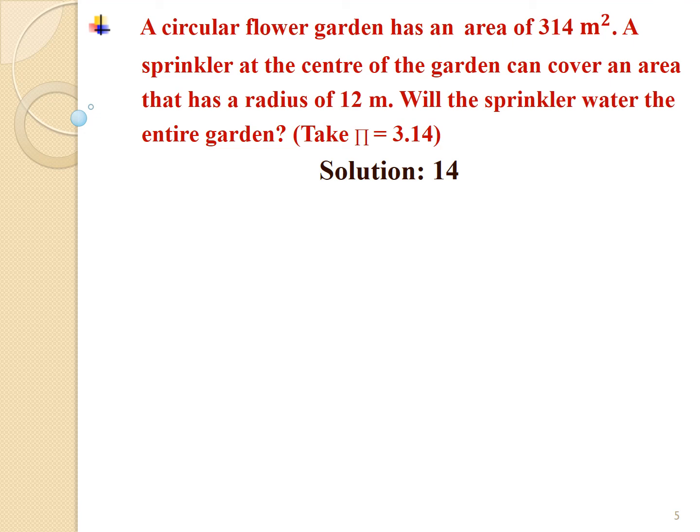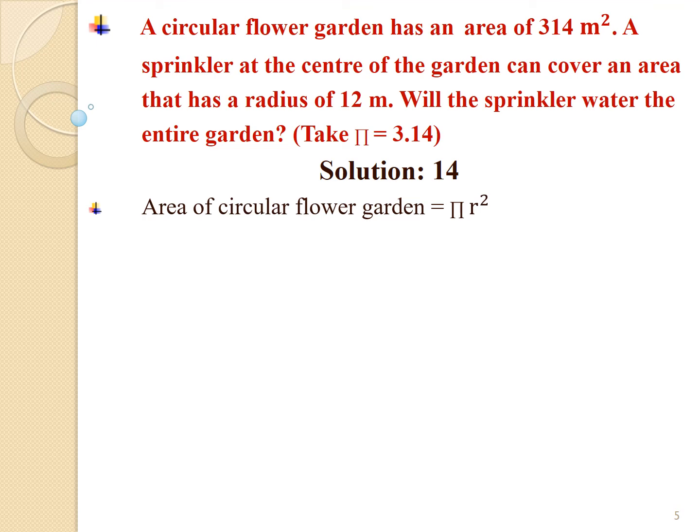Area of circular flower garden is given to us as 314 square meters. Therefore, what is the radius? We know that area of circle is equal to pi r square.